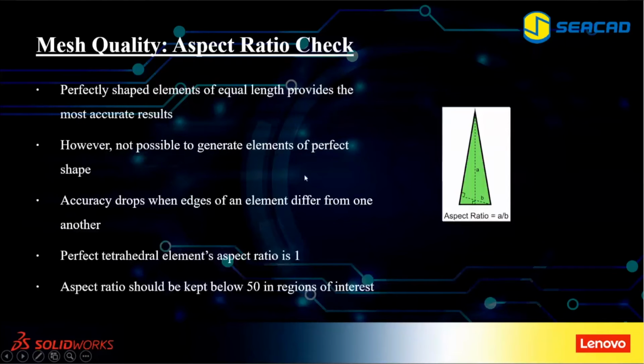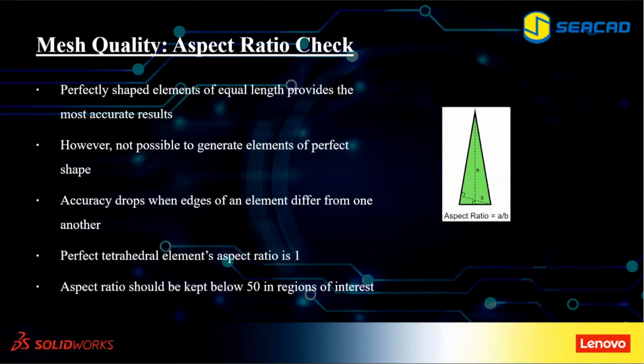Let me show what the aspect ratio is. If you see the image here, the aspect ratio is A over B. A large aspect ratio means a large distortion of the element.